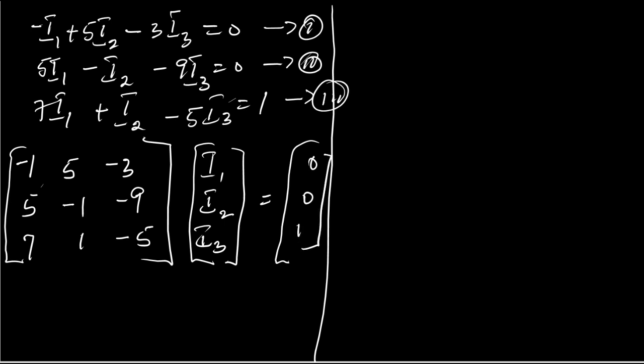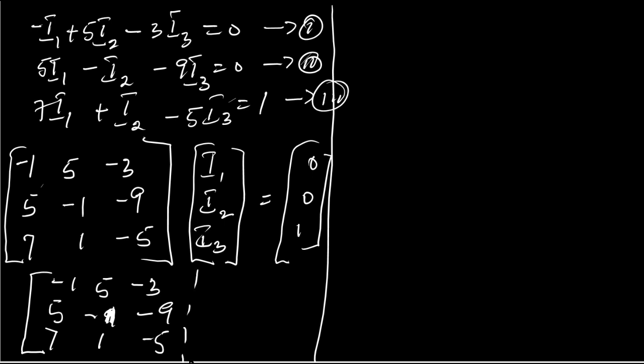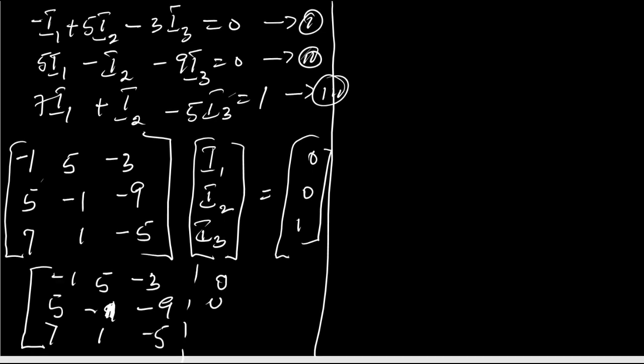Now, to solve by Gaussian elimination method, we need to introduce my augmented matrix: minus 1, 5, minus 3, then 5, minus 1, minus 9, then 7, 1, minus 5, with the augmented column 0, 0, 1.